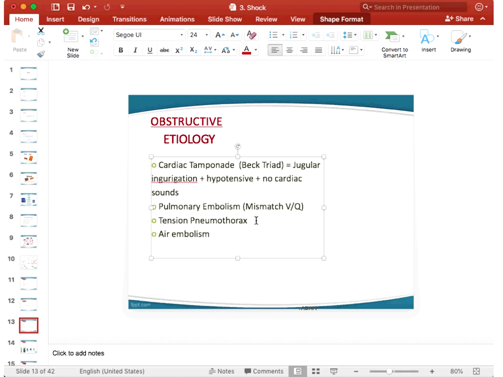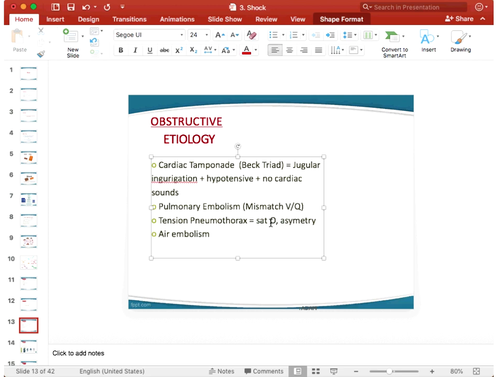And the tension pneumothorax, you have to suspect it. The patient has been involved in a severe accident, and it shows with a very low oxygen saturation, and you can see there's asymmetry in his thorax. One side of the thorax is elevating while he breathes, while the other one is not elevating properly.